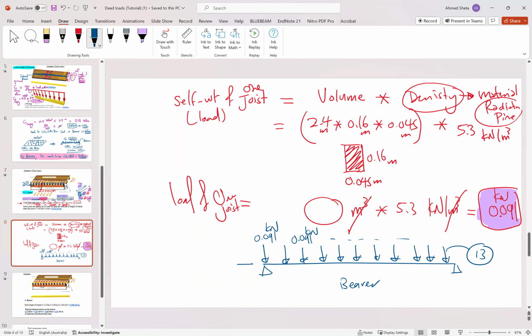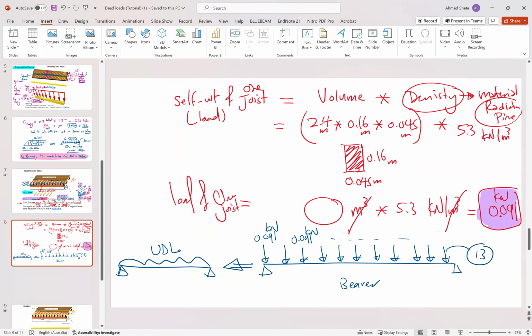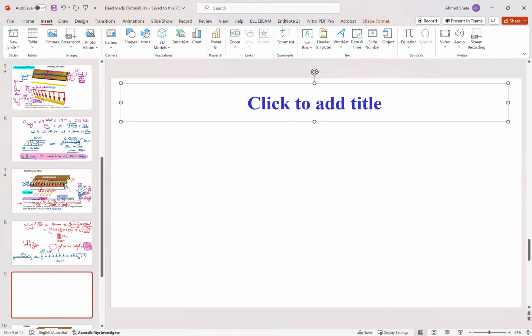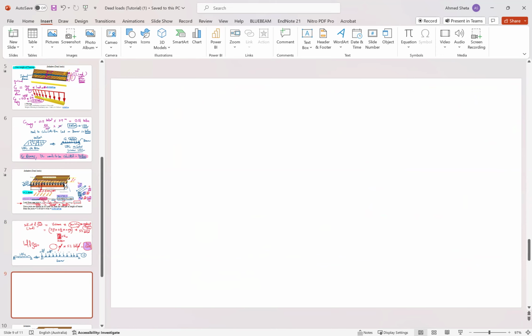So we need to convert that to a uniform load, an equivalent UDL. This is a very basic method. It's just sum all the loads together and divide by the length, but this is not the best way to do it.